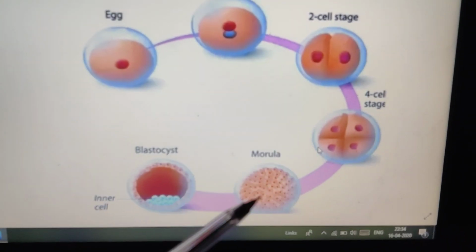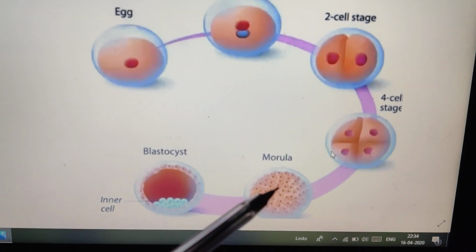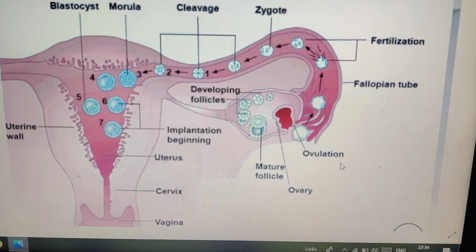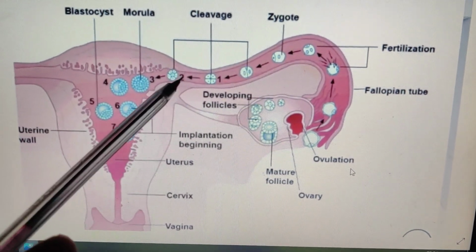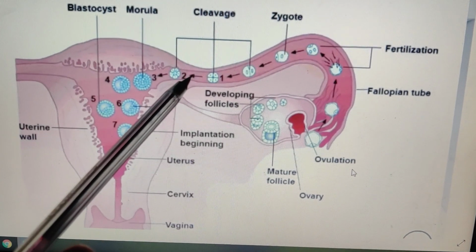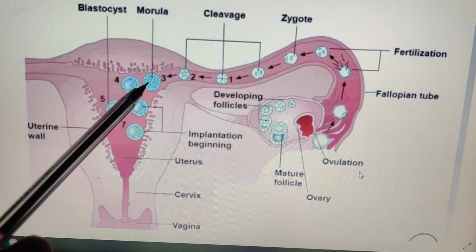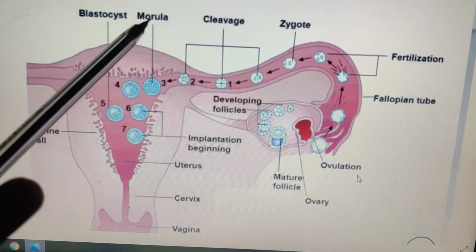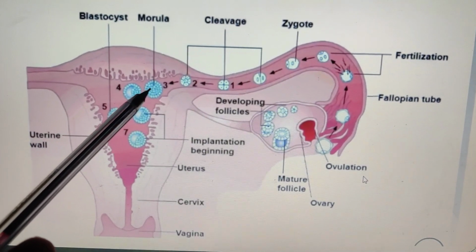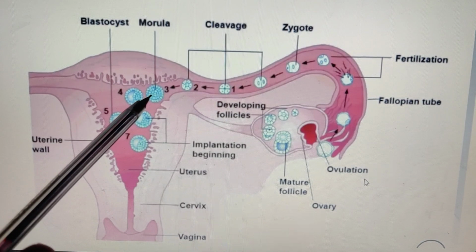Now at this stage, this morula enters inside the uterus. Morula formation takes place here at this region, and after that it enters inside the uterus. This is the morula. Now this morula changes into blastula.